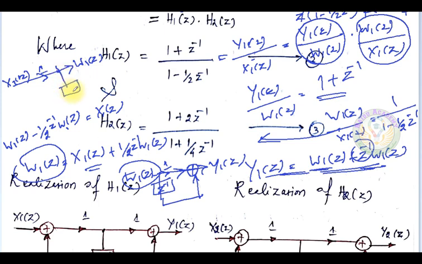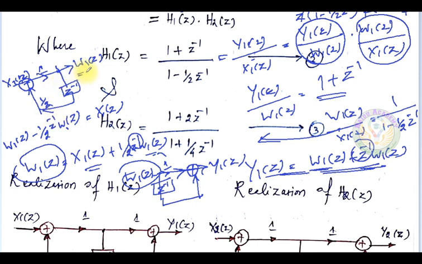Now w1 of z is equal to x1 of z plus w1 of z delayed. So we have to take the input from w1 of z, then one delay element, then that will be multiplied with 1 by 2. Then x1 of z and this term, both terms will be added.